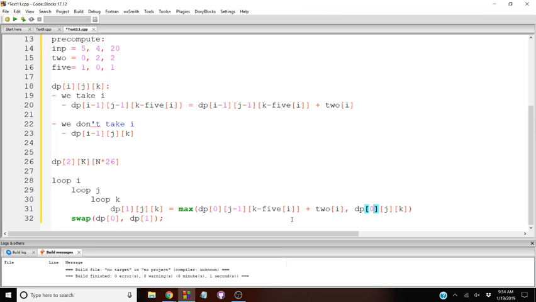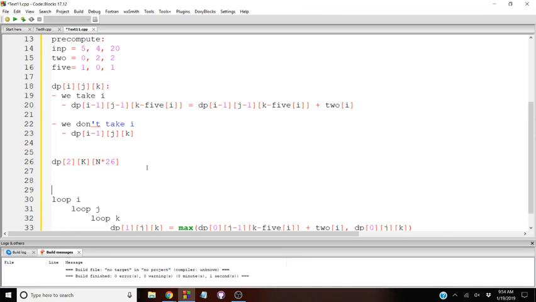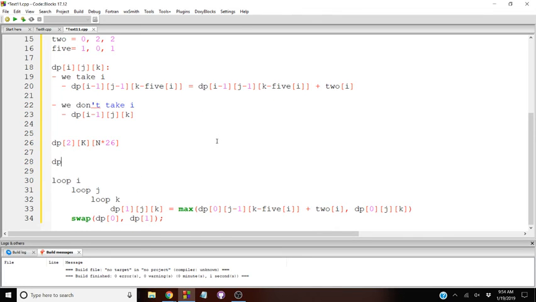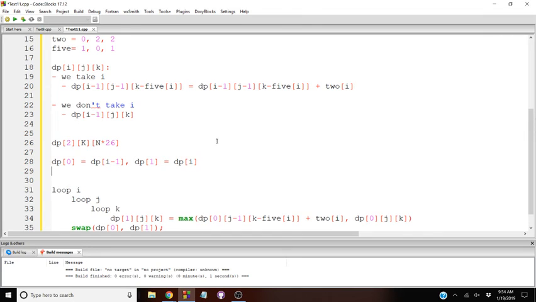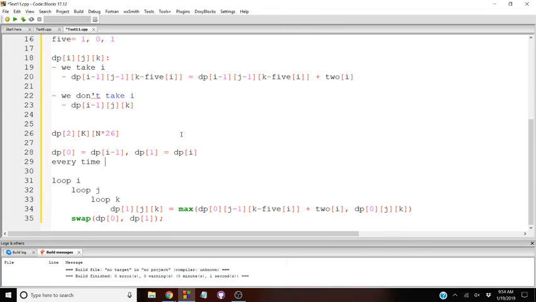So basically what this represents is dp0 equals dp i minus 1, dp1 equals dp i, and then every time you increase I, move dp1 to dp0 and delete dp0.